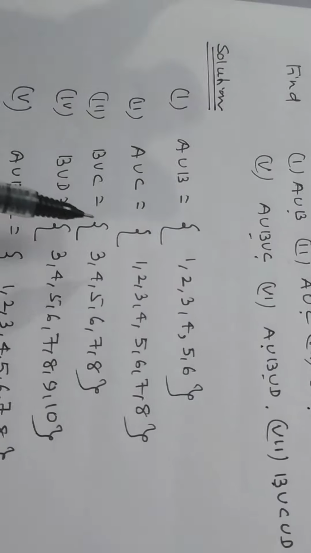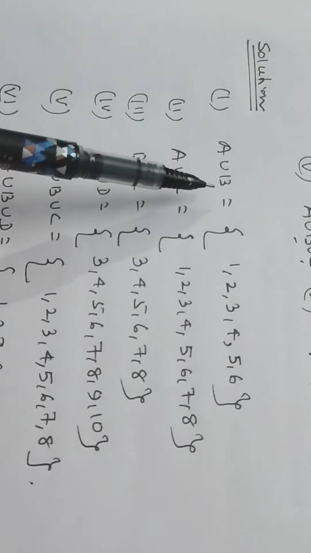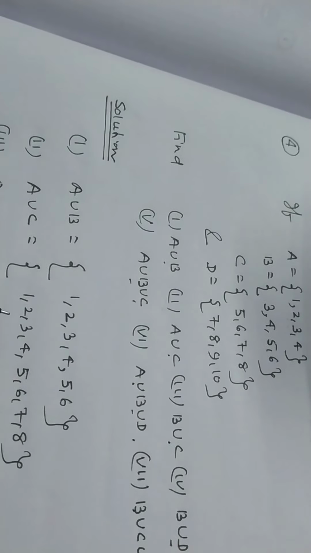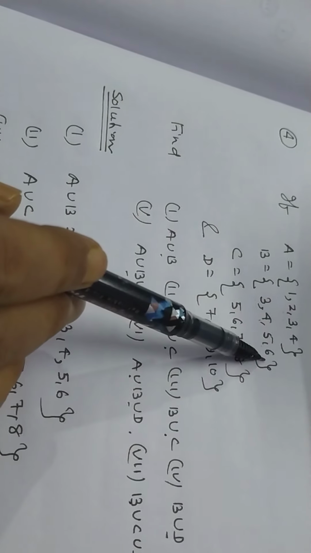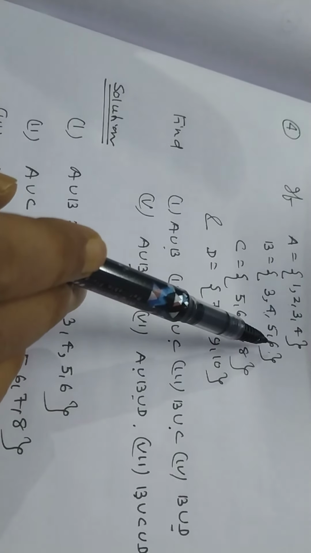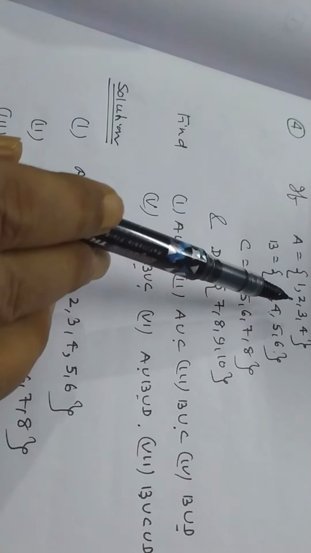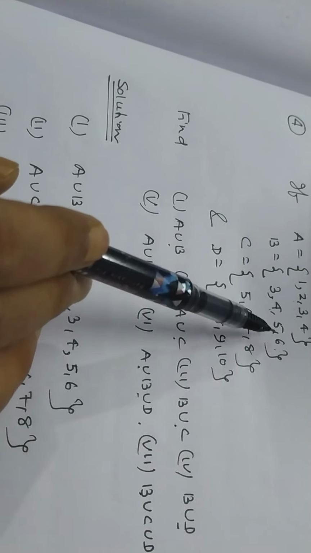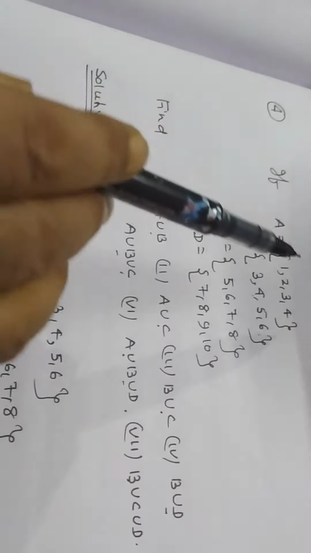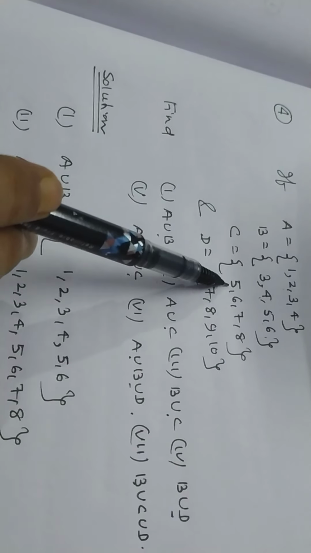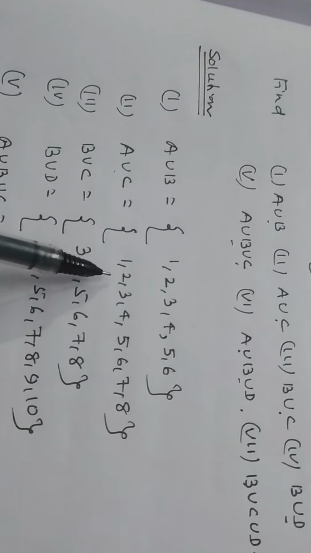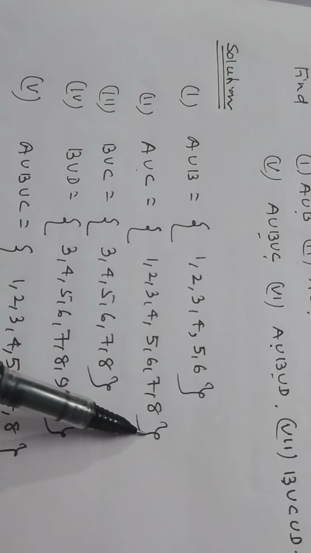In this way, you have to write the elements of A union B. A is what? 1, 2, 3, 4. And B is what? 3, 4, 5, 6. We will not write the elements which are overlapping, which are common. So 1, 2, 3, 4, 5, 6 only. Similarly, A union C. A is 1, 2, 3, 4 and C is 5, 6, 7, 8. There is no element common, so you write 1, 2, 3, 4, 5, 6, 7, 8.